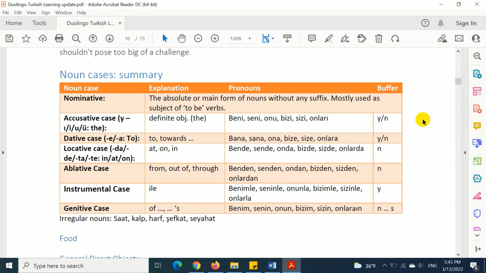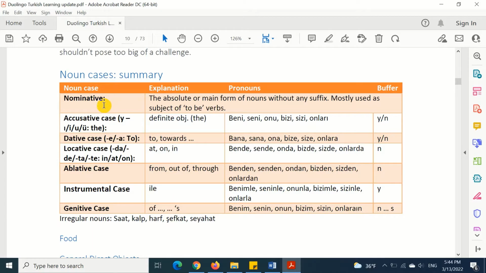So after understanding the sound harmony, vowels and consonants, the second important thing for a basic learner is understanding the noun cases. Generally there are 7 cases with the noun. You need to understand them as a basic learner in order to smoothly learn the language.